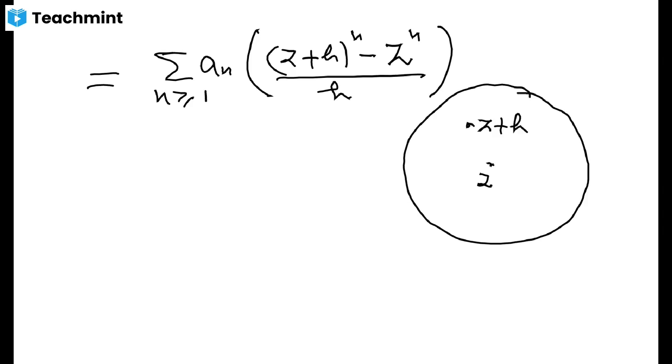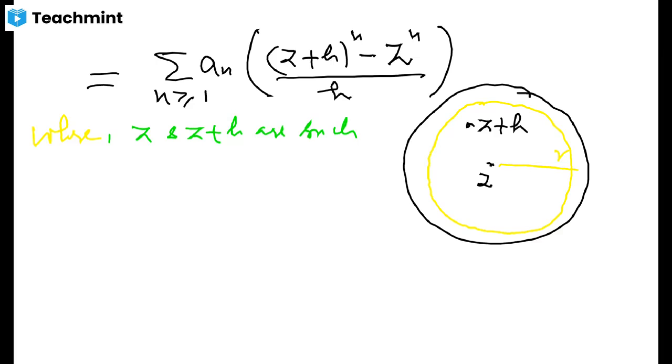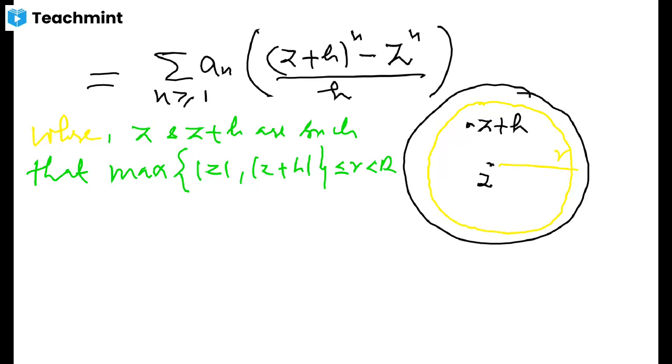So we are going to fix another disk within the disk of convergence of some radius r, where z and z plus h are such that the maximum of modulus of z and modulus of z plus h is less than or equal to r, and it is less than some bound. This is always possible, as you can see.